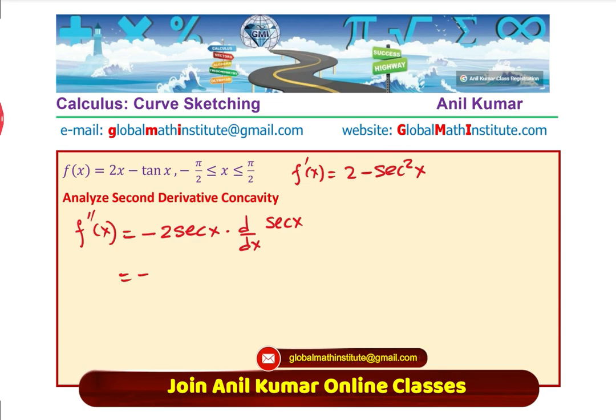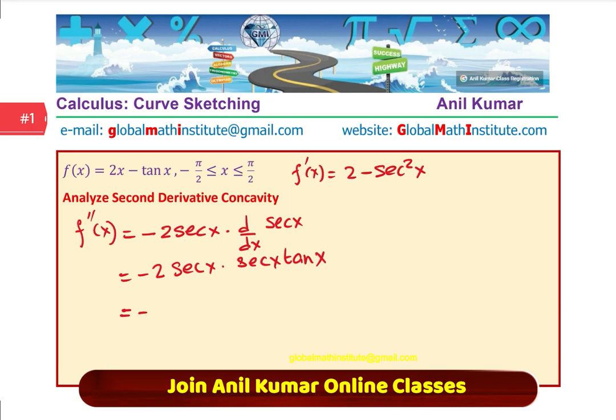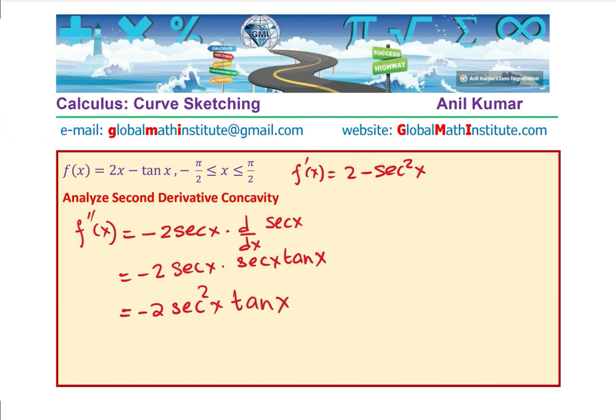So we get here minus 2 secant x times secant x tan x. Correct? And that gives us minus 2 times secant square x times tan x. So that becomes the second derivative.